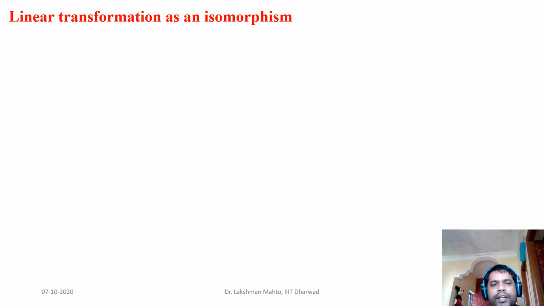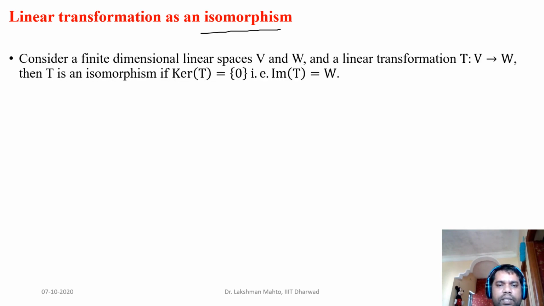Now I will talk about linear transformation as an isomorphism. It is very much related to the invertible linear transformation we had already discussed. If you consider finite-dimensional linear spaces V and W, then a linear transformation from V to W is called an isomorphism if the kernel of the transformation is a singleton set containing 0 only.